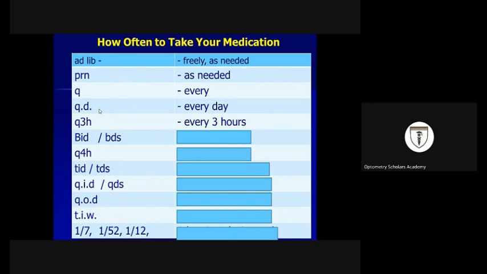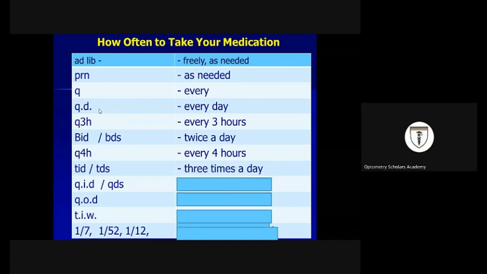BID or BDS means twice daily or twice a day. Q4H means every 4 hours. TID or TDS means 3 times daily. QID means 4 times daily, or 4 times a day. QOD means every other day.